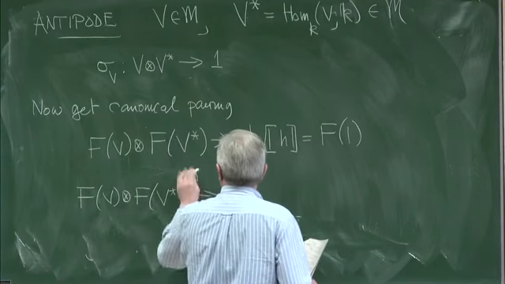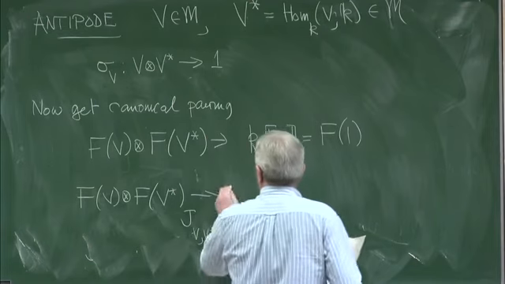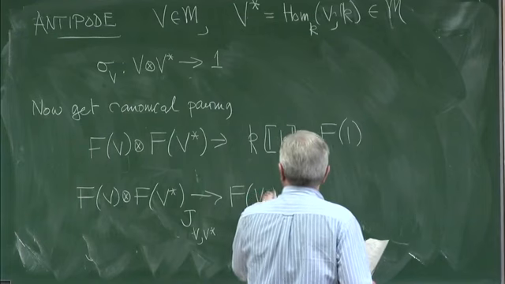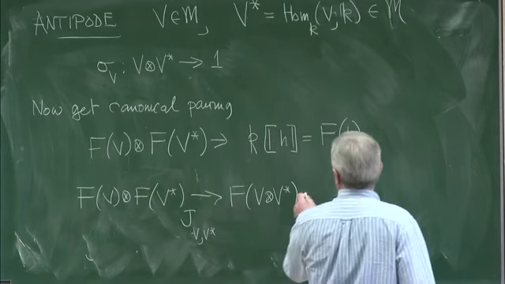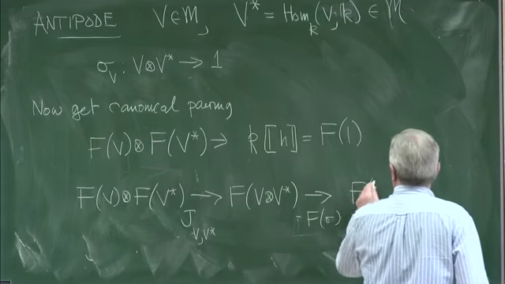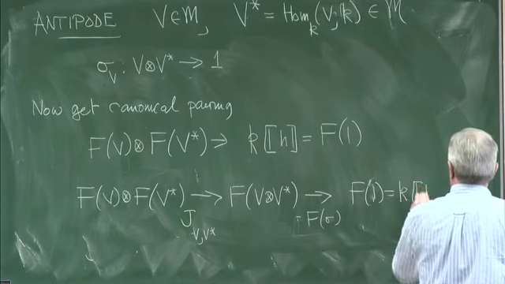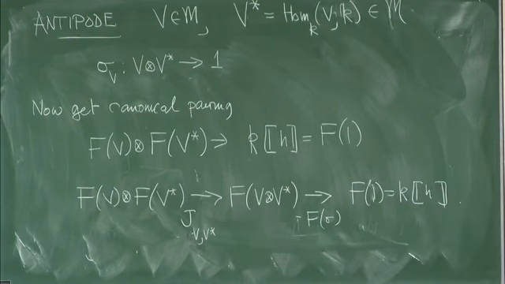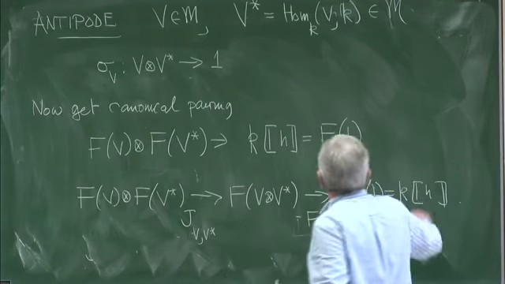Well, that is by J V dual, F of V tensor V dual. And now I apply F of sigma. So I use the tensor structure to get me into this. So I use some exotic isomorphism there to get me there, and then apply the standard pairing.